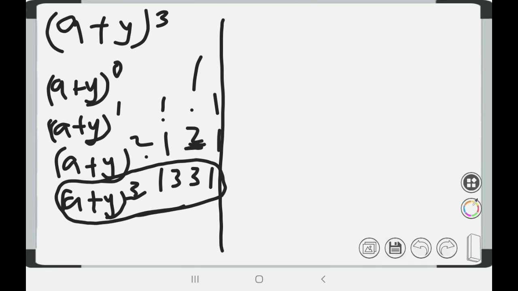So let me do it here. So we have 1, and then here we have a raised to 3, then a raised to 2.